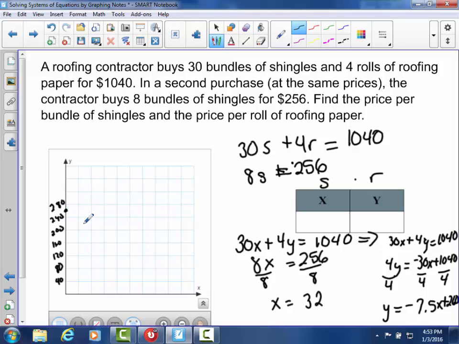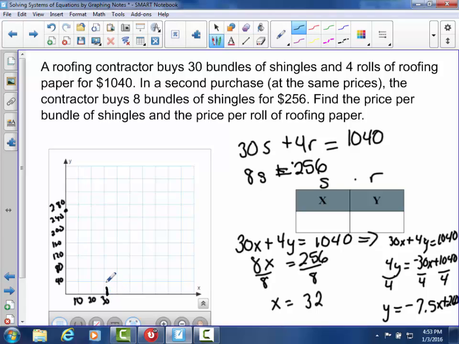And then we're going down by 7.5 each time. So we want to kind of represent 32. Kind of just estimating here, aren't we? What if we counted by 10? Yeah, we can count by tens. So 32 would be about here.